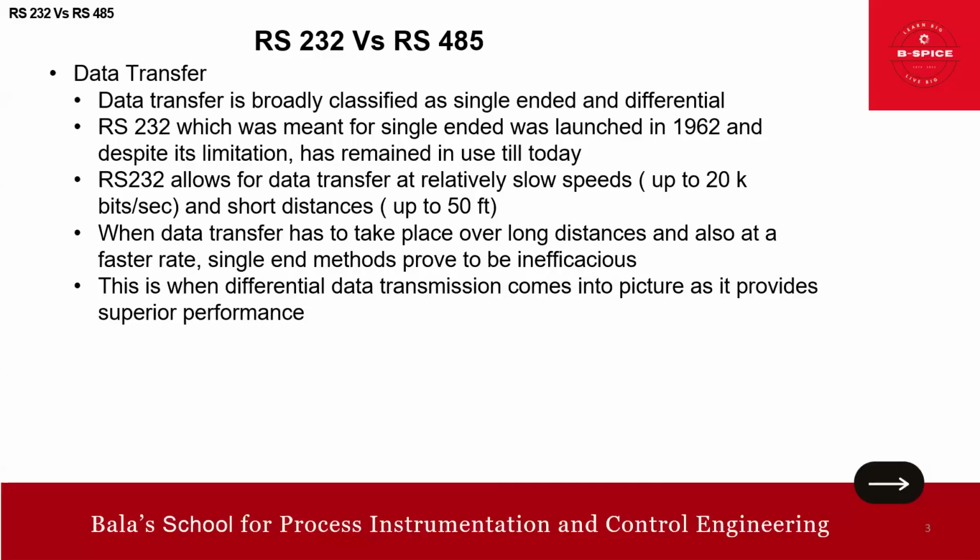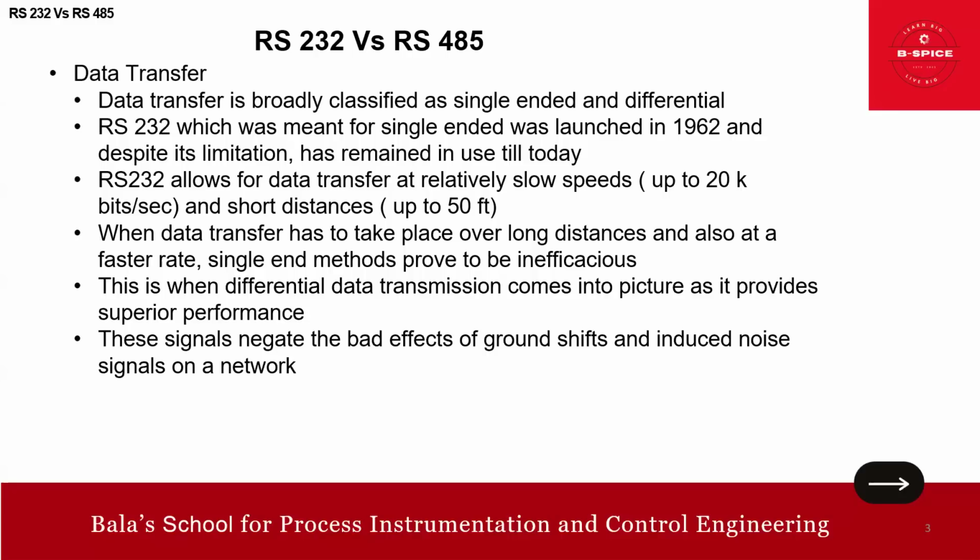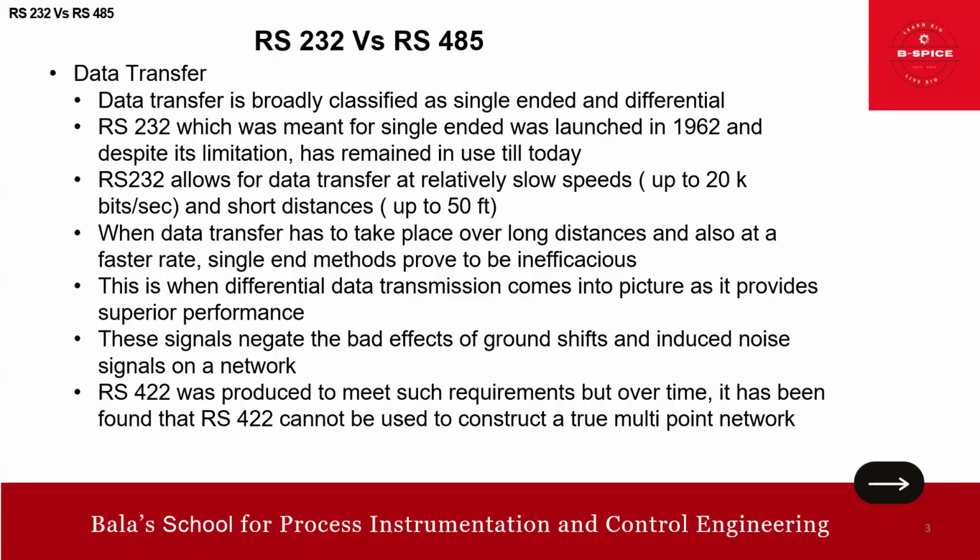So this is the time when differential data transmission comes into the picture, because it provides superior performance, as we discussed just now. These signals negate the bad effects of ground shifts and induced noise signals on the network. For that, RS-422 was produced to meet such requirements. After 232, 422 was produced. But over time, it was found that RS-422 cannot be used to construct a true multi-point network.